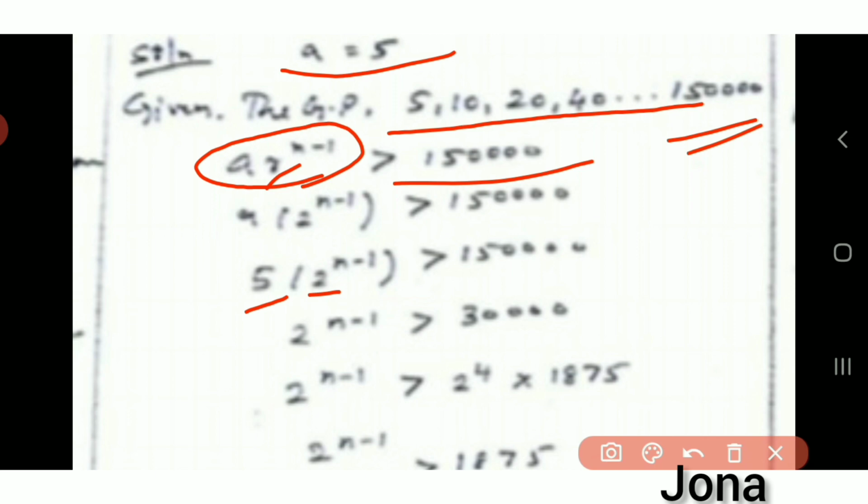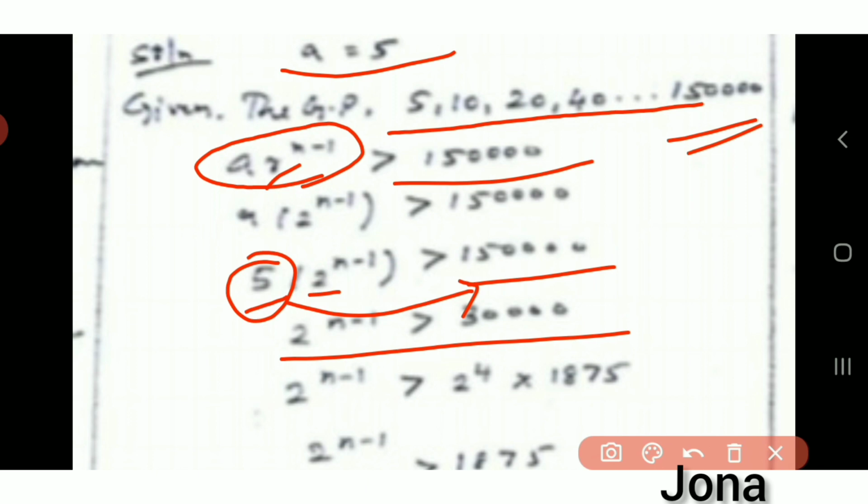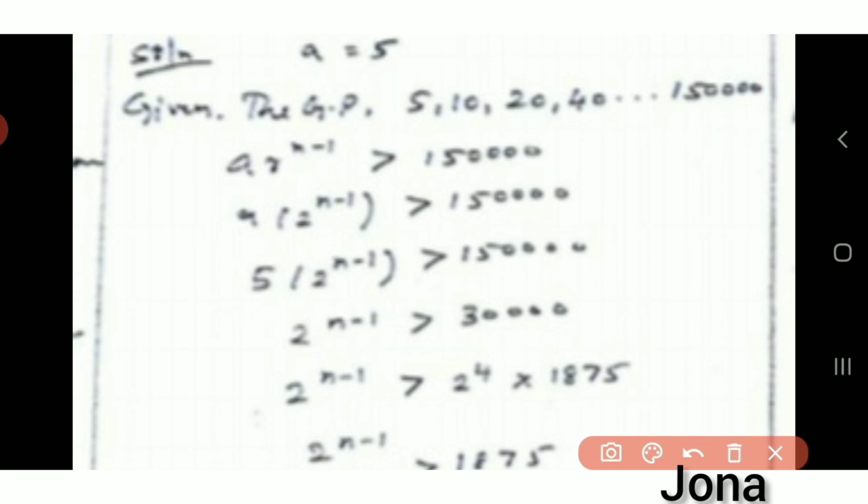So 5 into 2 power n minus 1 greater than 1,50,000. So we can put this 5 to the other side so that it will become 2 power n minus 1 greater than 30,000.